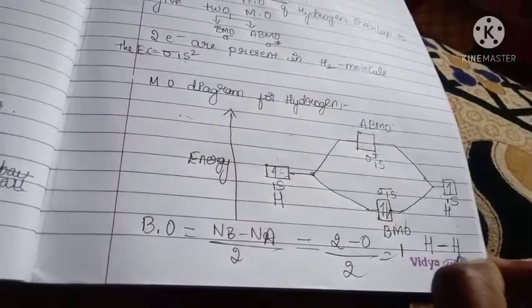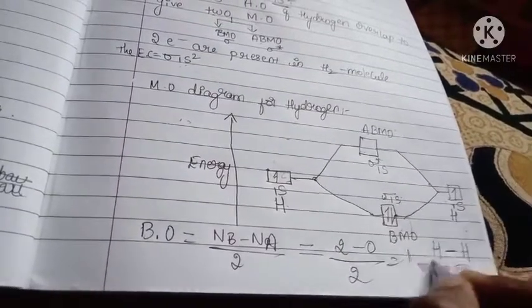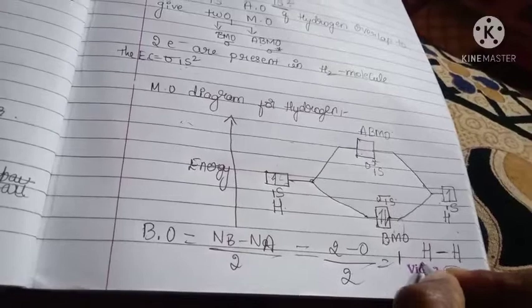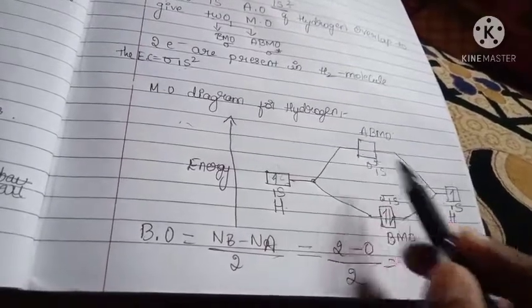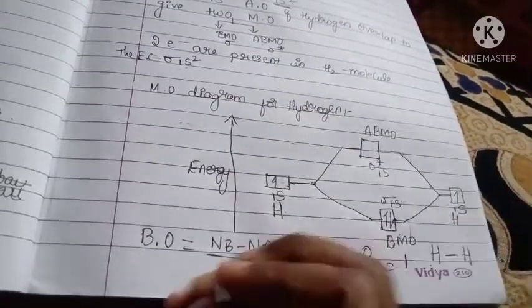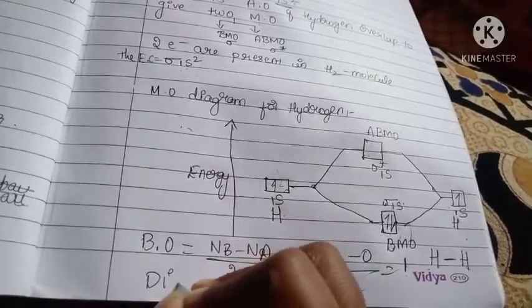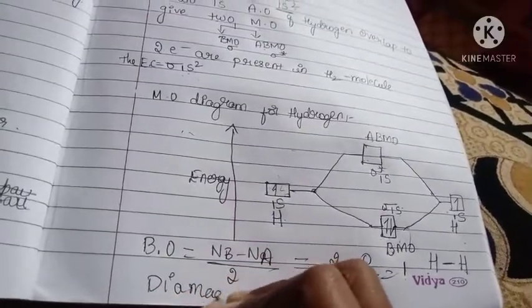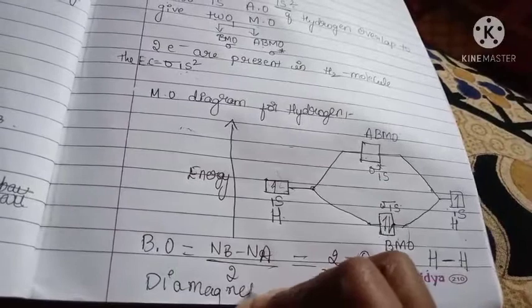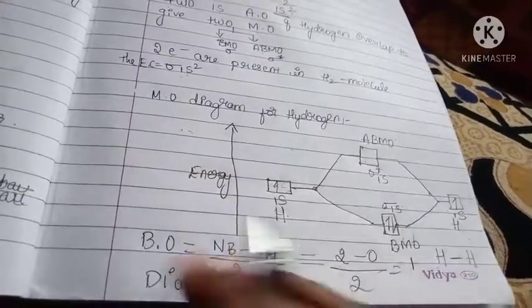Only one covalent bond is formed between the 2 hydrogen atoms. Then here there is no unpaired electron, so it is diamagnetic. This is all about the formation of hydrogen molecule.